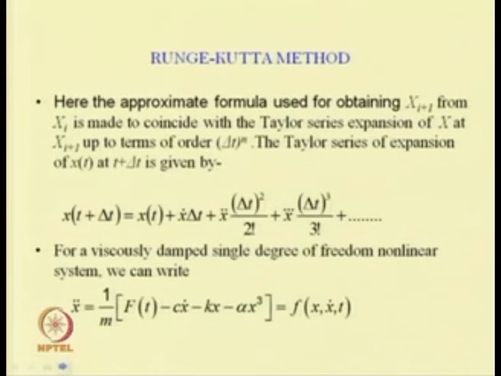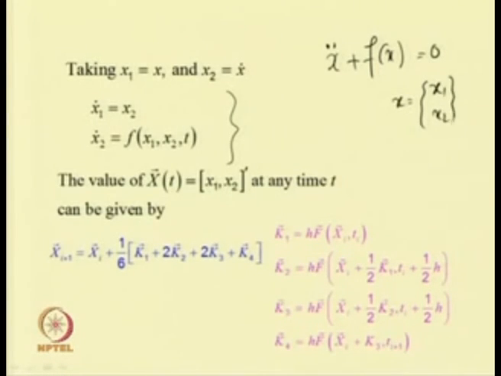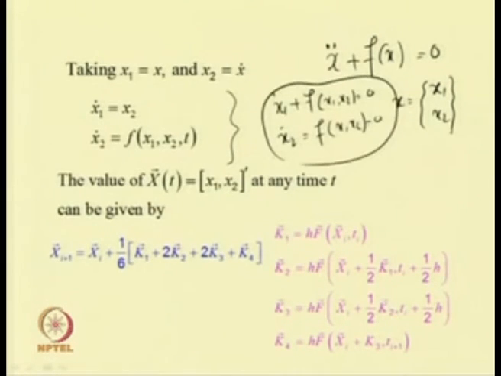In case of the fourth or fifth order Runge-Kutta method, first we have to write the governing equation using a set of first order differential equations. Let us say we have an equation in this form, x double dot plus f(x) equal to 0, where x can be written, let us take only two terms, x1 and x2. Our first equation is x1 dot plus f(x1, x2) equal to 0, then the second equation is x2 dot equal to f(x1, x2) equal to 0. So, we can have a set of equations.